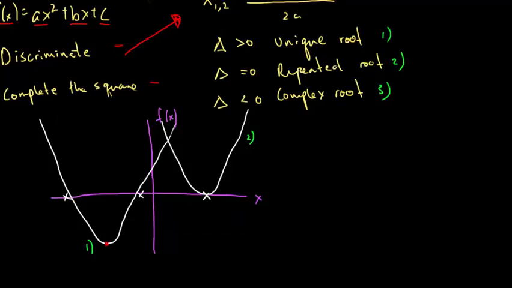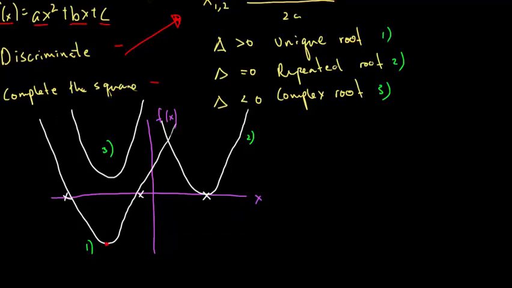And finally, the complex root is when the parabola hovers above the x-axis, so it never touches the x-axis. So it should look something like that. That's number 3.